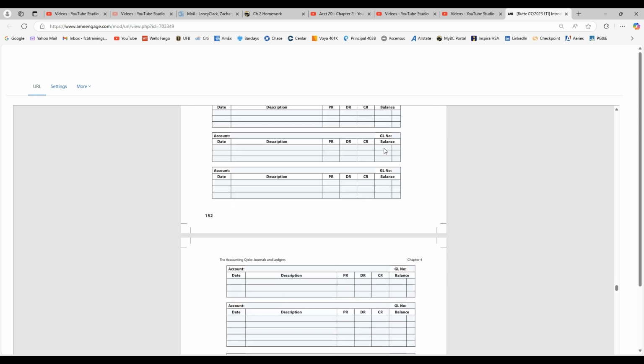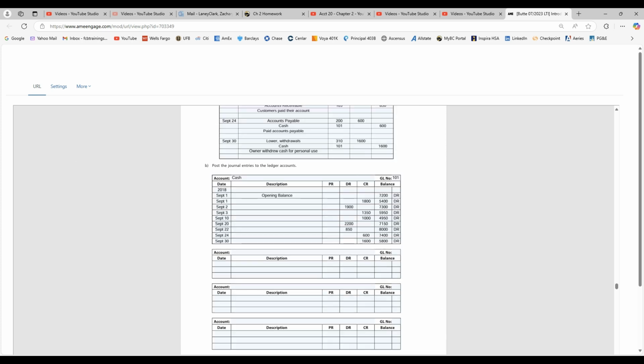And so I'll leave it up to you all here. I'll go real quick here. We want to label all of our accounts. Prepaid insurance.